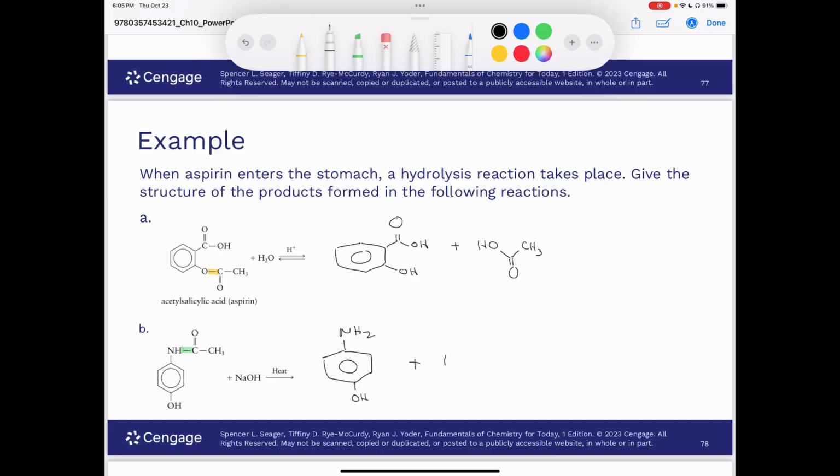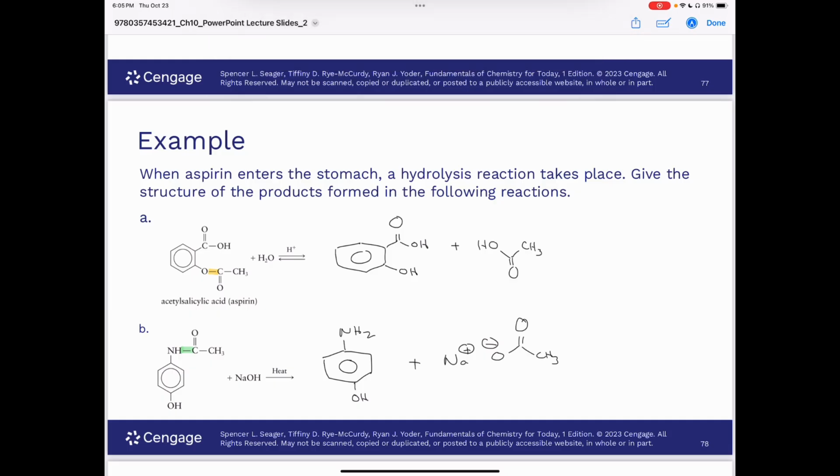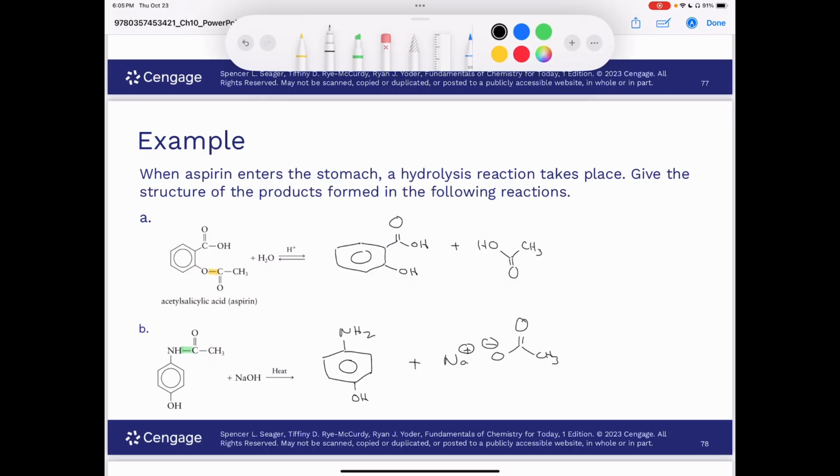And then the carboxylate is going to look like this. It's going to be a sodium salt because we're using sodium hydroxide. So you're going to end up with sodium acetate. And so make sure you know how to do a hydrolysis of an amide in acid or in base.